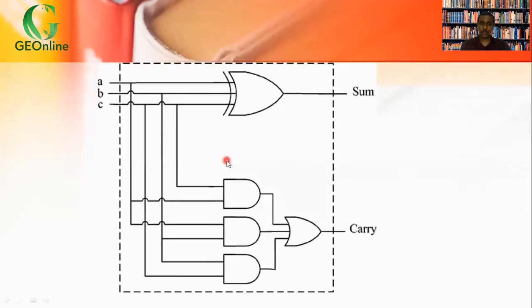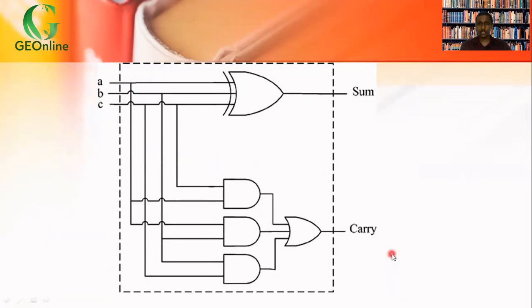And for carry, we have to design a logic circuit that includes 3 AND gates and an OR gate. So this is the logic circuit for the full adder. We have 3 inputs A, B, C. This is the sum portion and this is the carry portion.